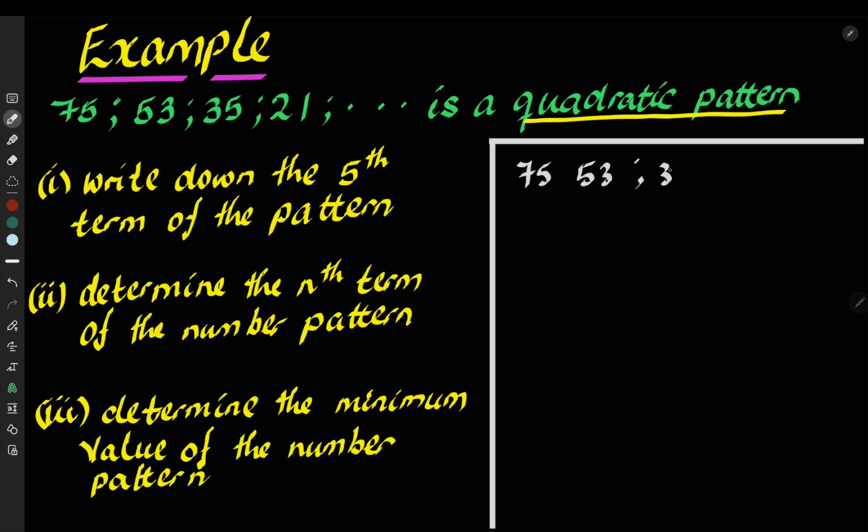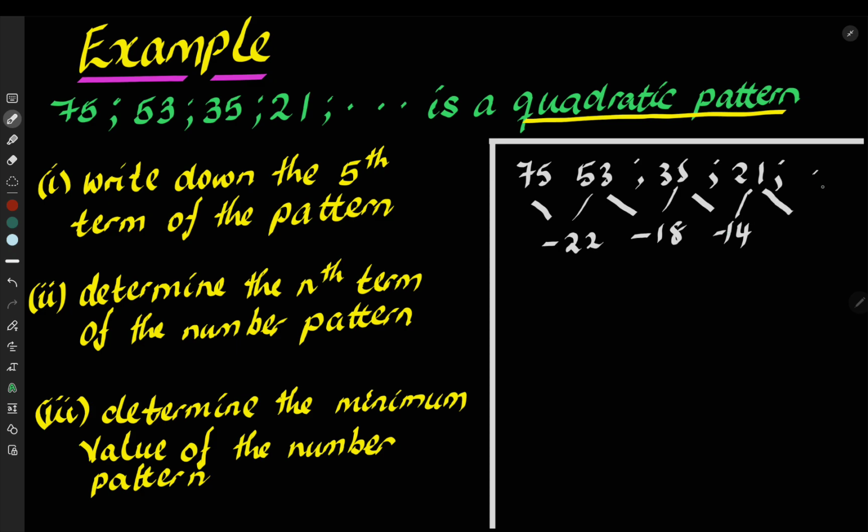If we subtract 53 from 75, we'll get negative 22. If we subtract 35 from 53, then we get negative 18, and 21 from 35, then we also get negative 14.